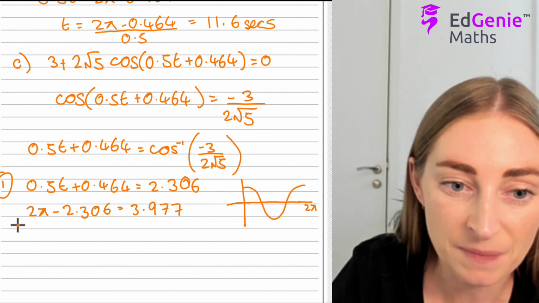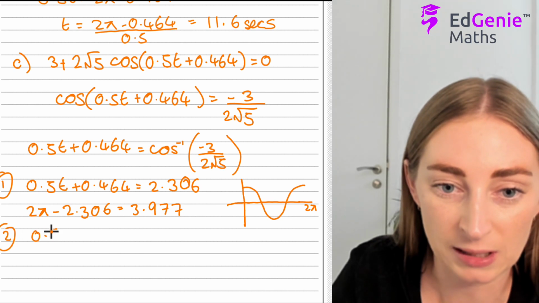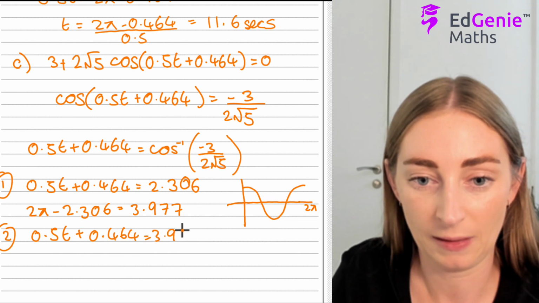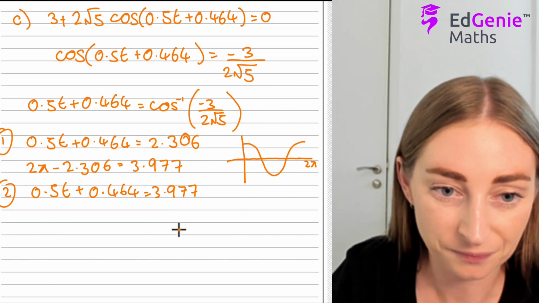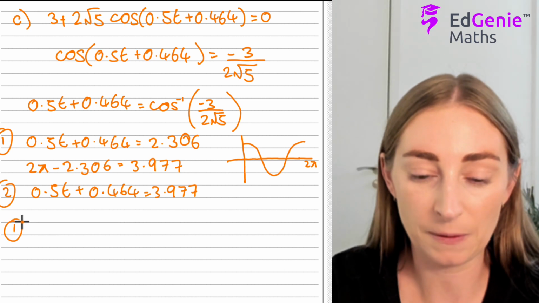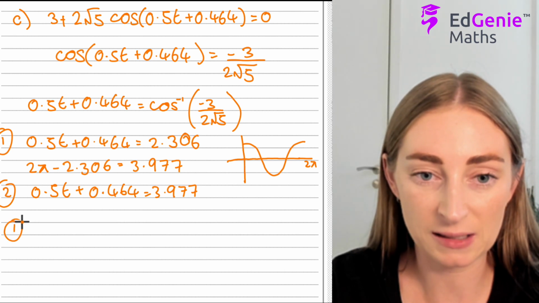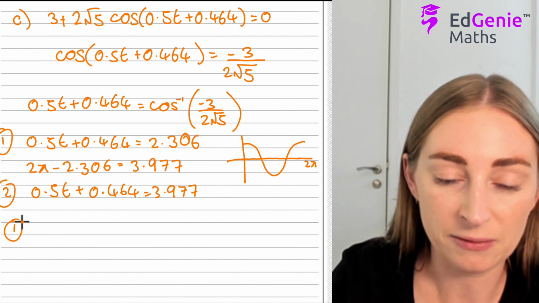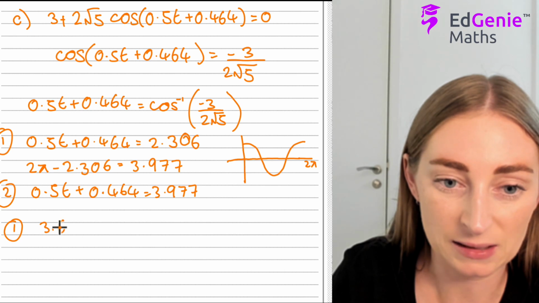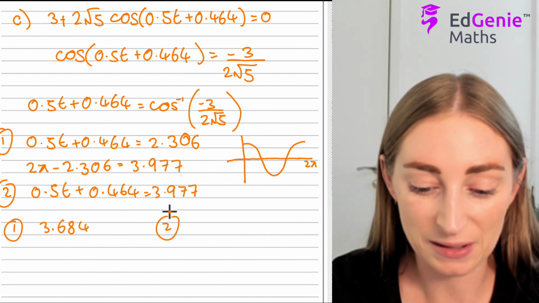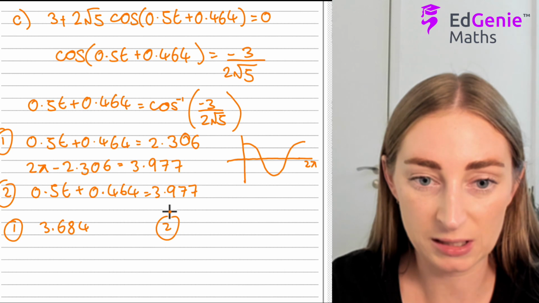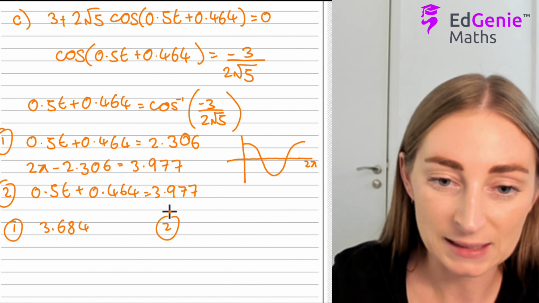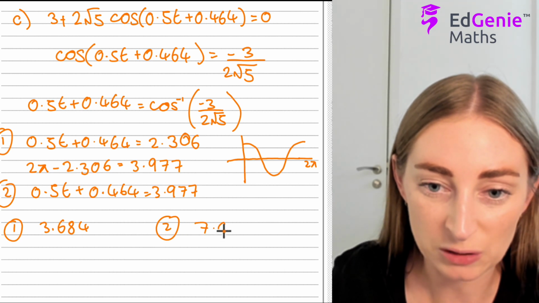This is my first equation. Second equation I'm going to write now. So equation 1, t is going to equal 2.306 minus 0.464 divided by 0.5, which has given me 3.684. Second one, 3.977 take away 0.464, divided by a half, has given me 7.026.